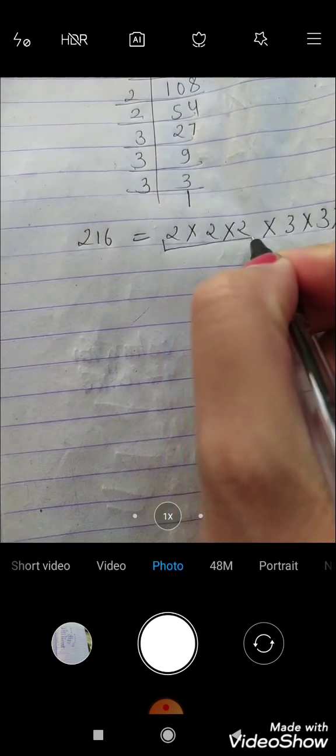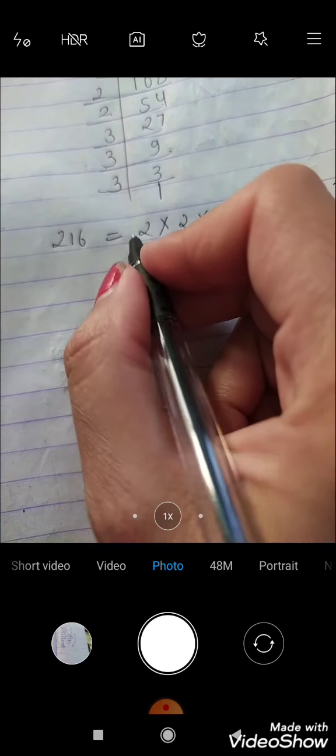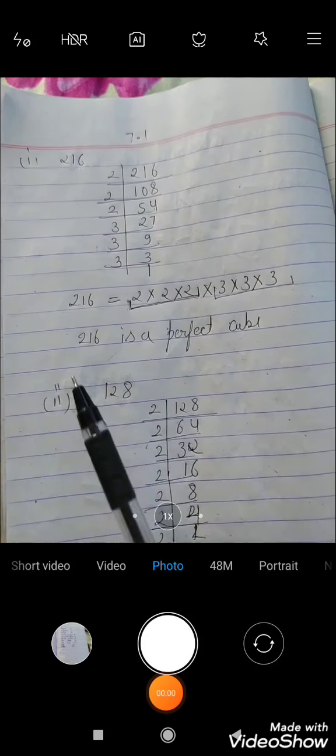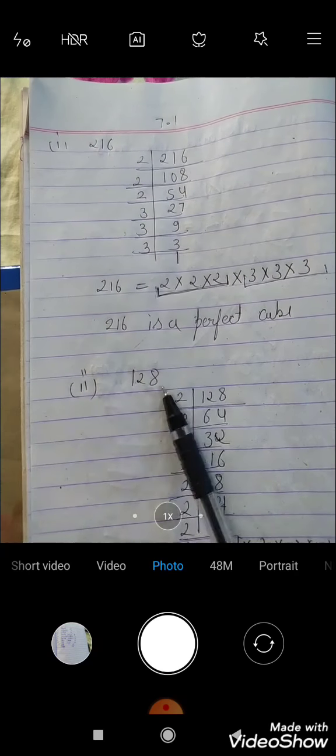We take 3 similar numbers at a time and make one group of them, and again take 3 similar numbers at a time and make another group of them. If no number is left out of this arrangement, then we say that the number is a perfect cube. So 216 is a perfect cube.